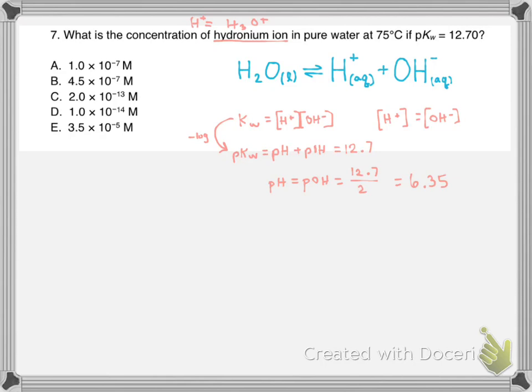So we can just take that we know now that pH is equal to 6.35, and say that our concentration of protons then is equal to 10 to the negative 6.35, which is equal to 4.47 times 10 to the negative 7 molar, which I would then just call B. So just because the pH of pure water at this temperature is 6.35 doesn't mean that it's acidic.